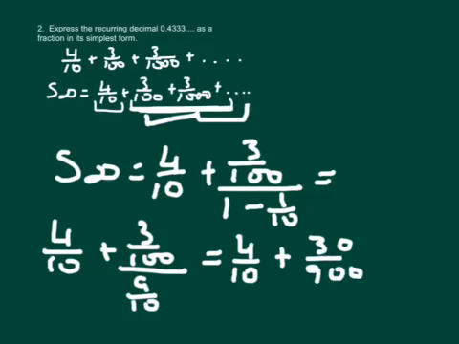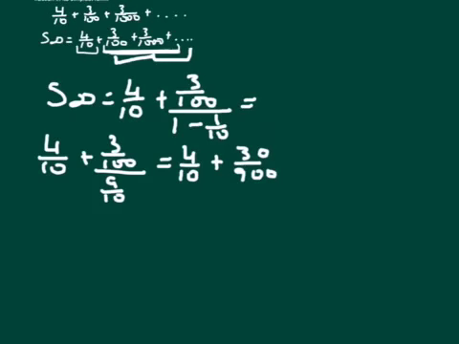So that's pretty good. Now what we need to do is just tidy up that last line. Looking at the 4/10, I'd like to express it in terms of 900, so I've got a common denominator. I can get from 10 to 900 by multiplying by 90.